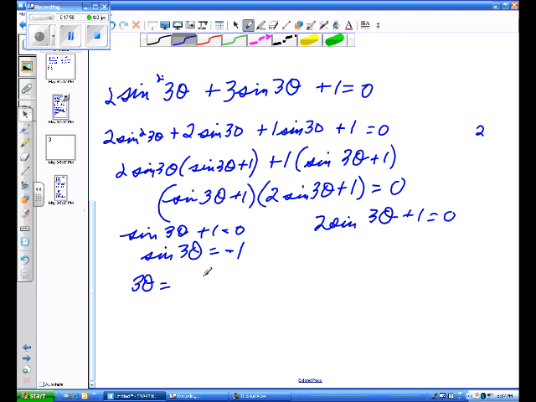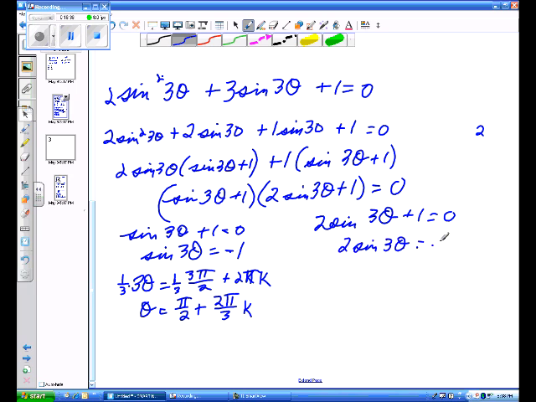So 3 theta is 3 pi over 2 plus 2 pi times k. The angle whose sine is negative 1 is 270, or 3 pi over 2. Now here, instead of dividing by 3, let's multiply by 1/3. So times 1/3, we get pi over 2 plus 2 pi over 3 k.